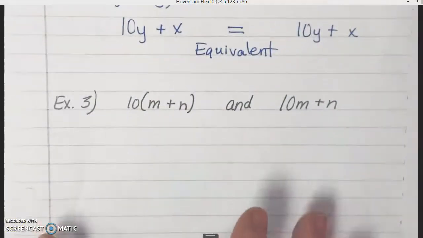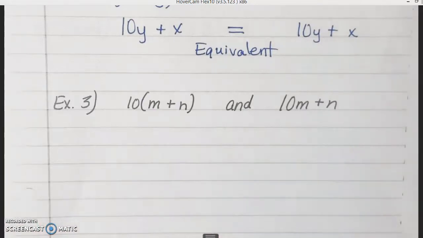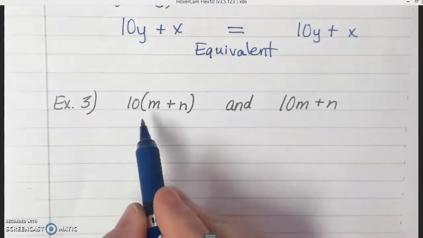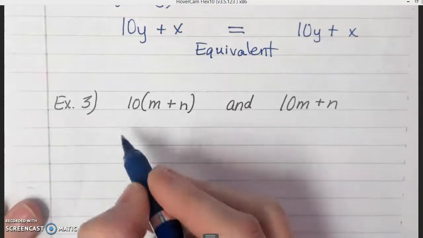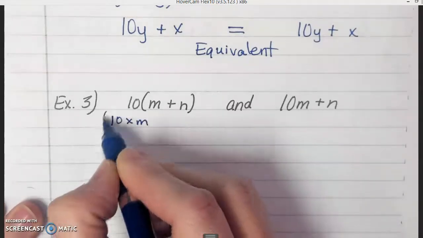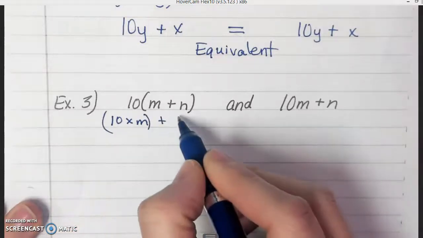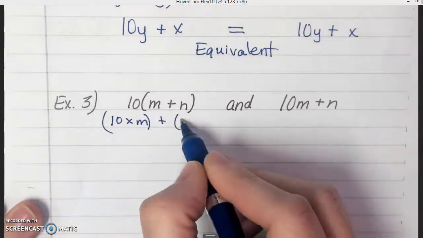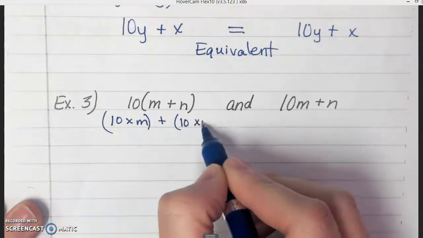All right, so let's look at example 3. We have 10 times the sum of m and n, and we have 10m plus n, and we've got to decide whether these are equivalent or not equivalent. So this time, we're going to apply the distributive property. So we're going to take 10 times m, and what else? 10 times n.